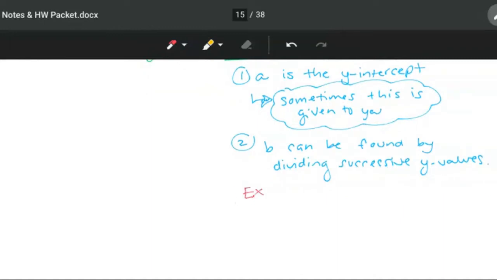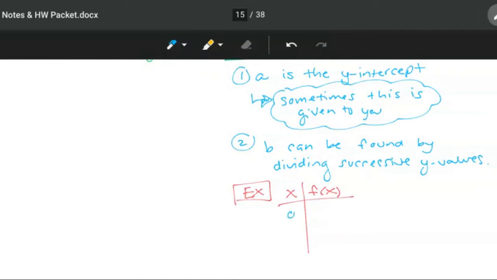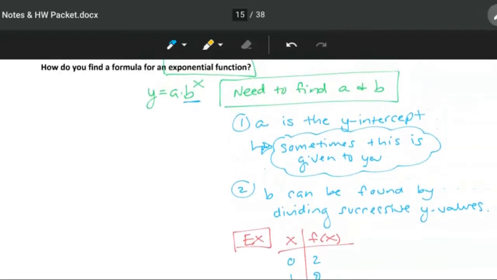So let's talk about, say, for example, if you were given a table of x and f of x values. All right, and say in this table, we had the points 0, 2, 1, 8, and 2, comma 32. All right, so here, if we had to come up with an exponential function, we said it's in that form, all right, y equals a times b to the x.